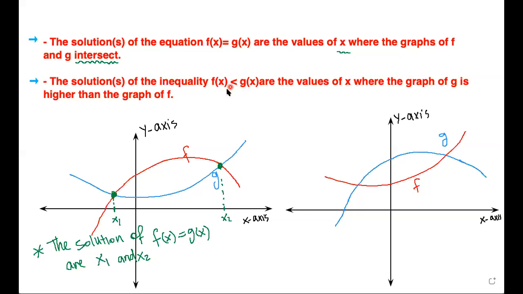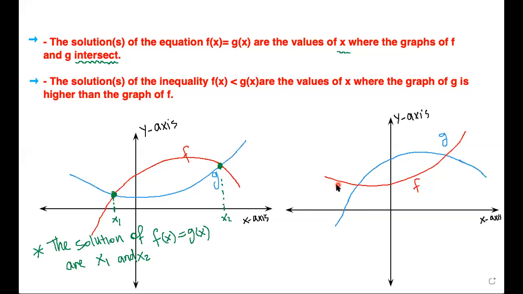To find the solution for this inequality, we're looking for the x values such that the graph g is above the graph f. So we go to the graph. The graph g here is above the graph f from this point, because starting from the infinity on this side, the blue one is below the red one.